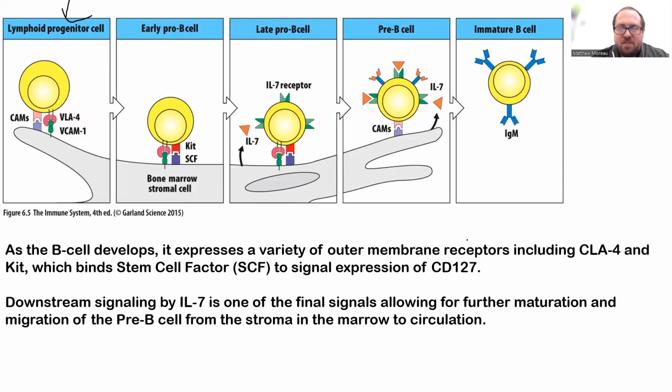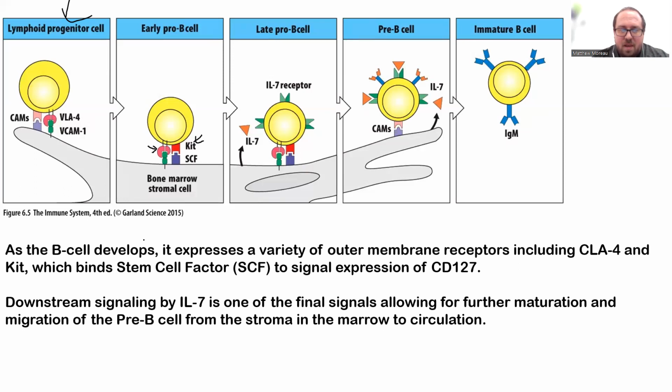So as it survives, it's going to start expressing two really important factors, including ICAMs and integrins, as well as an important cell adhesion factor called KIT.